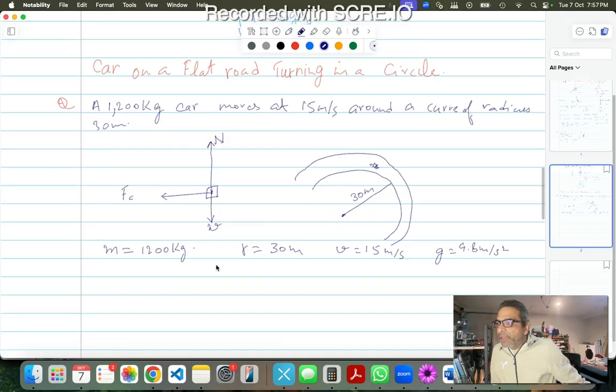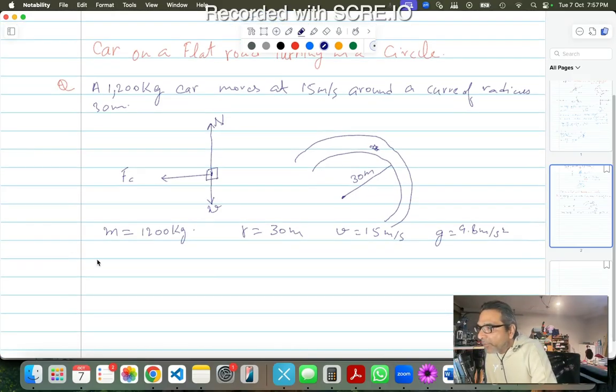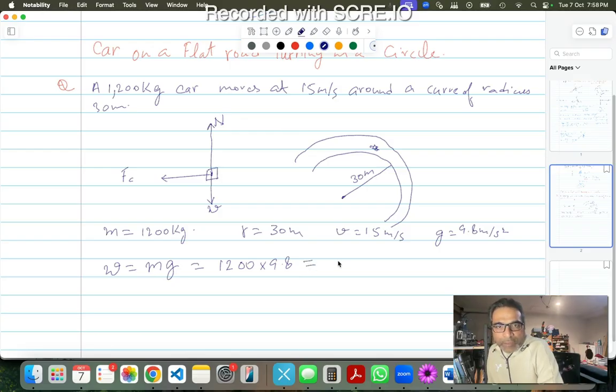Now, considering this, the weight will be mg, which is 1200 times 9.8 equals 11760 Newton, right? Therefore, the normal force should be equal to the weight, which is again equal to 11760 Newton.